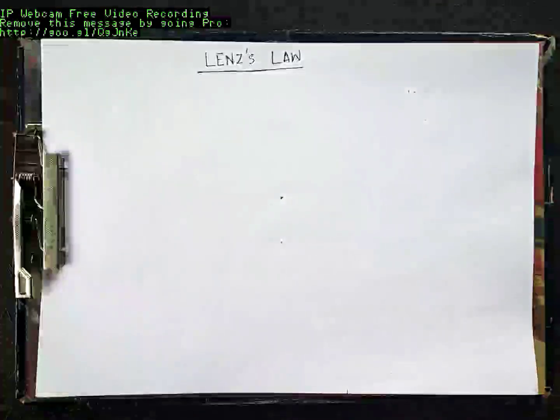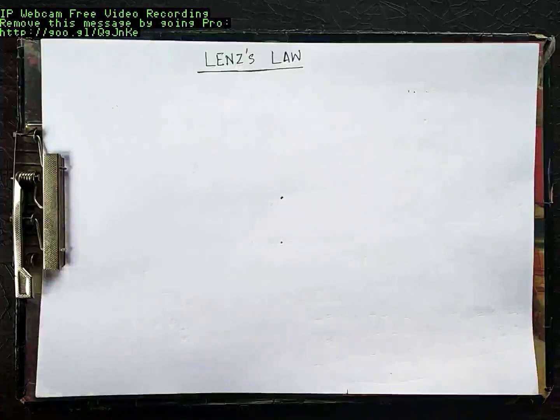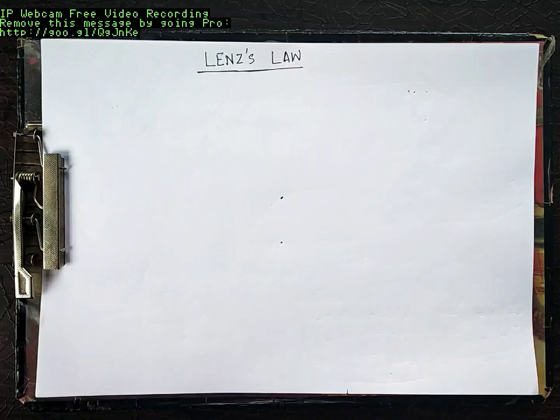In the last couple of lectures, we discussed the laws of electromagnetic induction. First, we studied Faraday's experiments, and then we studied the laws of electromagnetic induction given by Faraday.